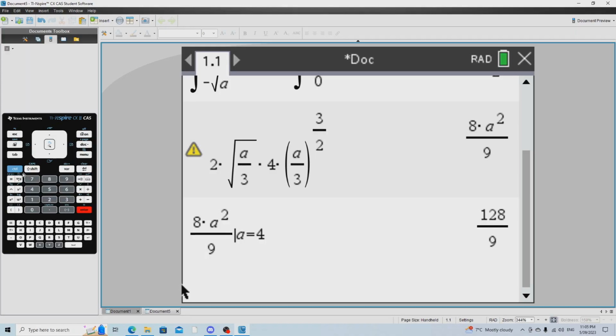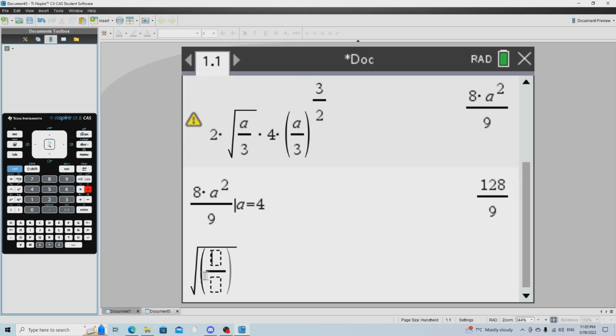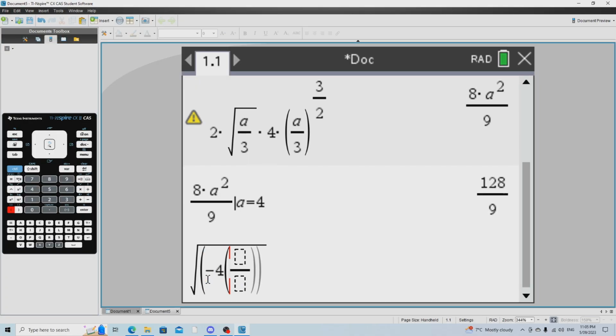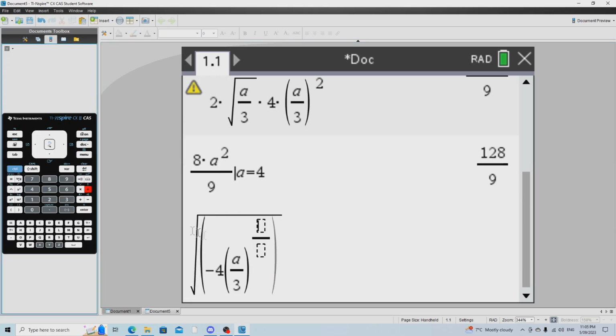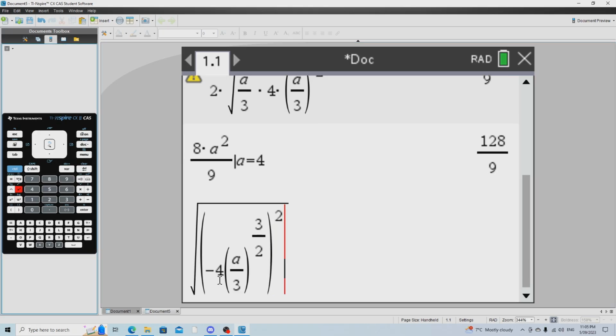Let's do it on our calculator. These will add up, so it'll be negative 4 times a on 3, 3 on 2, and we square it.